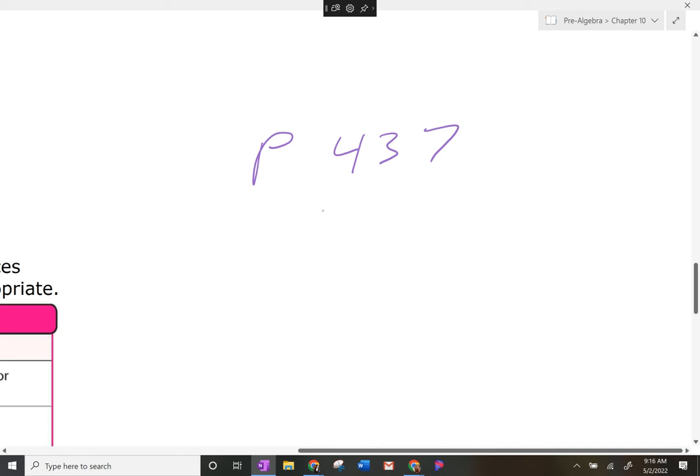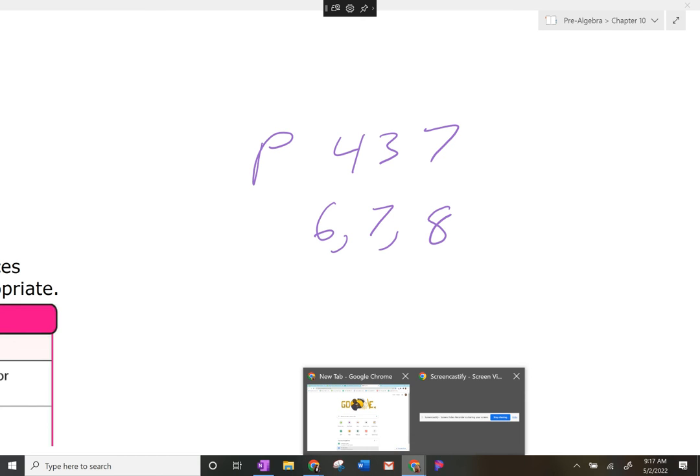I want you to do numbers 6, 7, and then 8. I'm only giving you 3, but I do want you to go through each of those. You're going to find the mean, median, and the mode. And for those ones, I also want you to find the nearest whole number. It's in the directions, but I just want to make sure I reiterate it. The nearest whole number. You got 3 total problems. You got time to work on it. Make it happen.